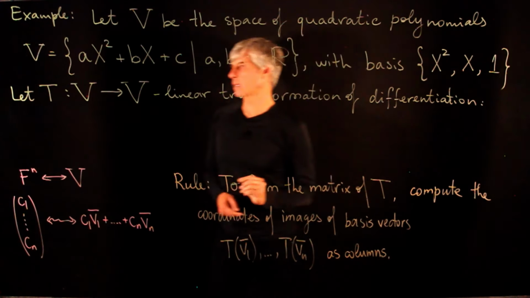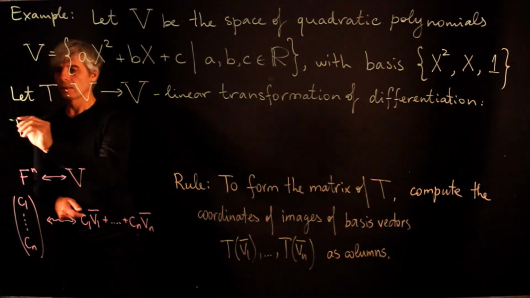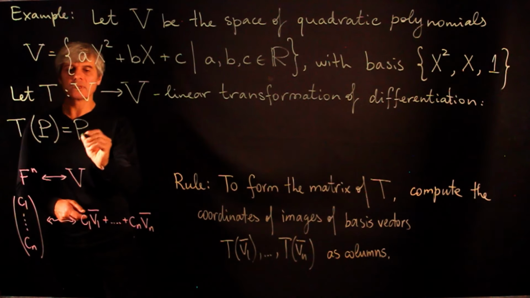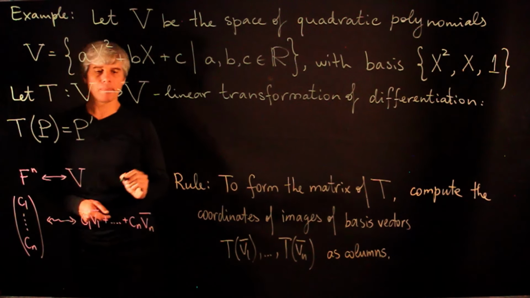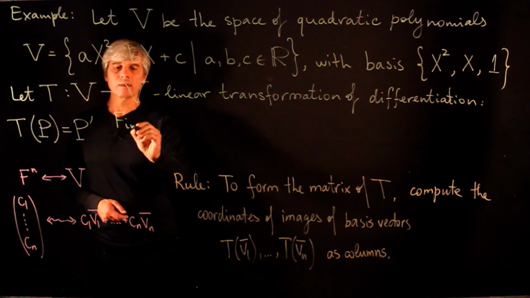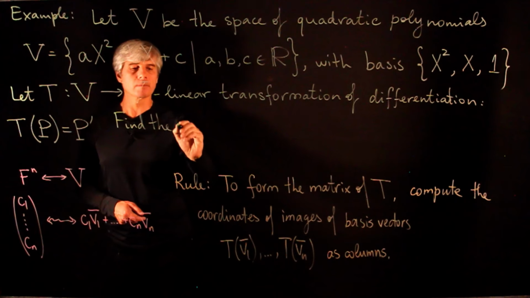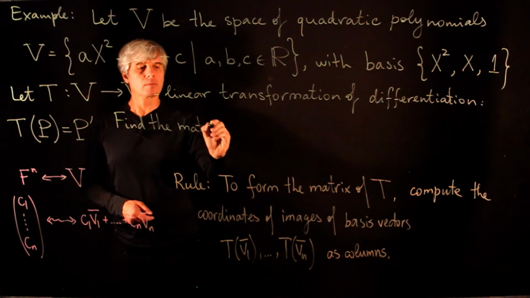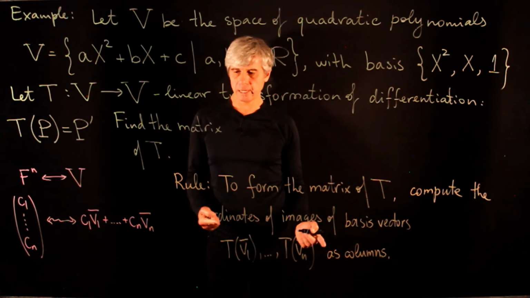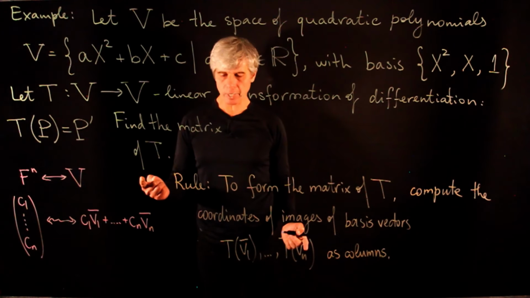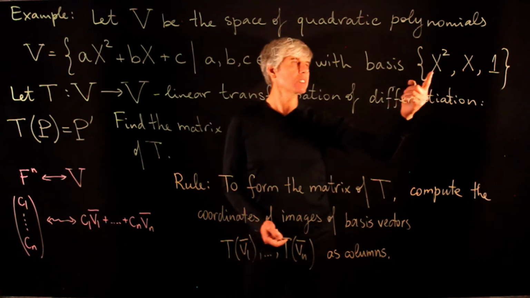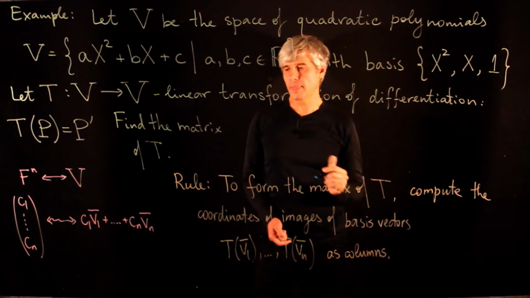This means that T applied to a polynomial P is equal to the derivative of this polynomial, P prime. And what we want to do is find the matrix of T. Our rule here is that in order to find this matrix, we need to find images of basis vectors. And the basis vectors are x squared, x, and 1.